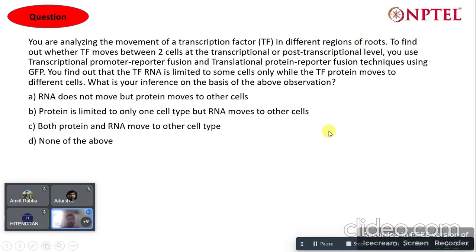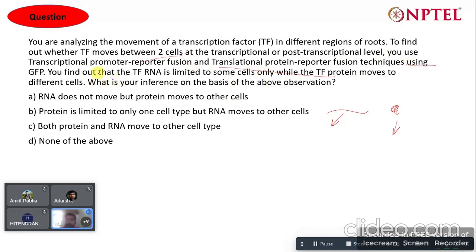So we are finding out whether the transcription factor RNA moves to a different cell or the transcription factor protein moves to a different cell. Okay, so we use both transcriptional promoter reporter fusion as well as translational promoter reporter fusion techniques using GFP. So we are using the same constructs like I have shown you before.